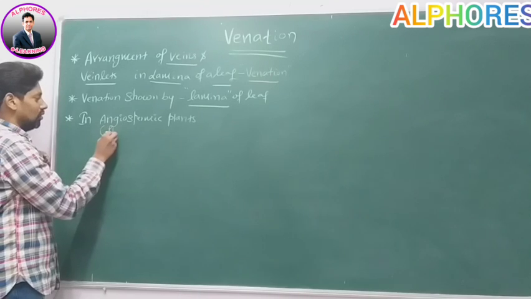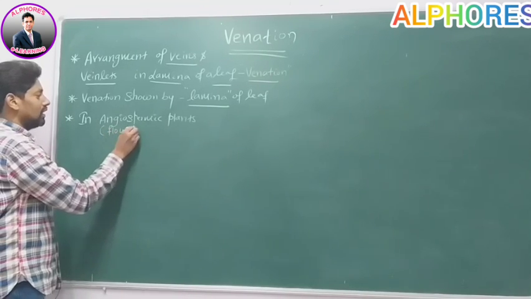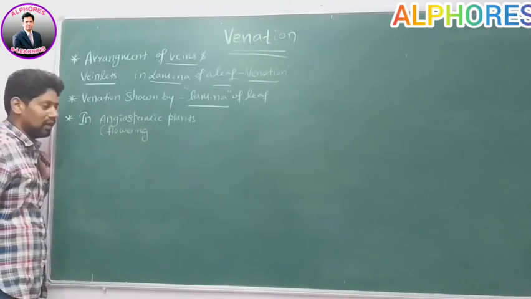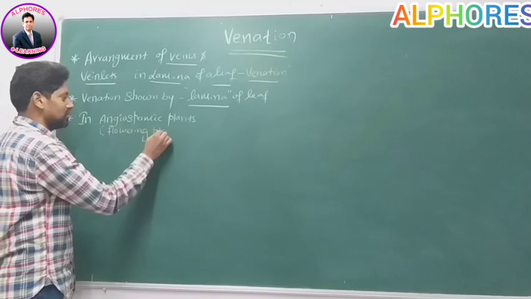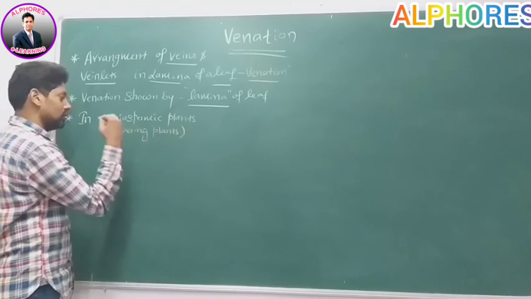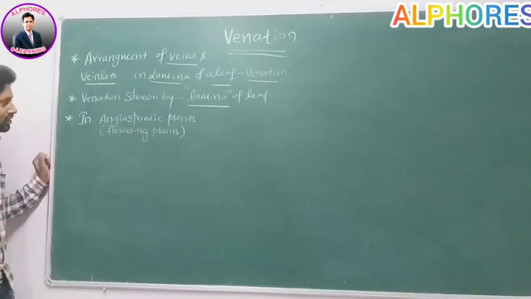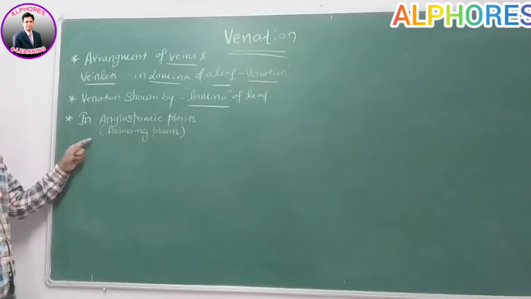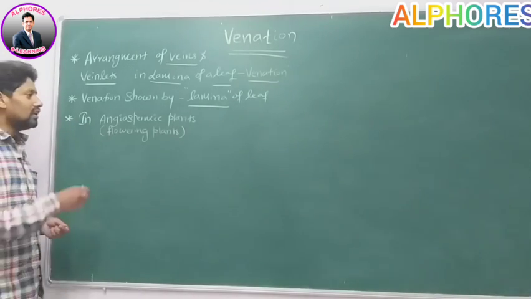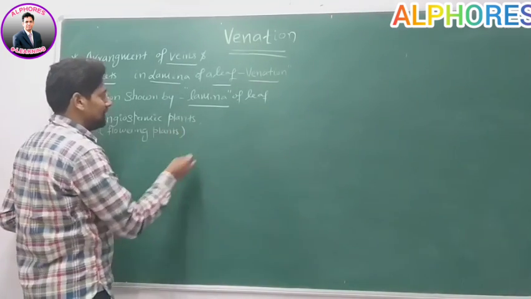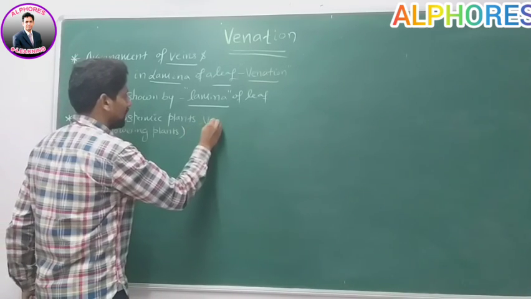Flowering plants, yes or no? Wherever I use the word angiospermic plant, each and every time I specify what it is called. You should remember it carefully. Angiospermic plants are commonly called flowering plants. In angiospermic plants, venation is of how many types? 2 types.